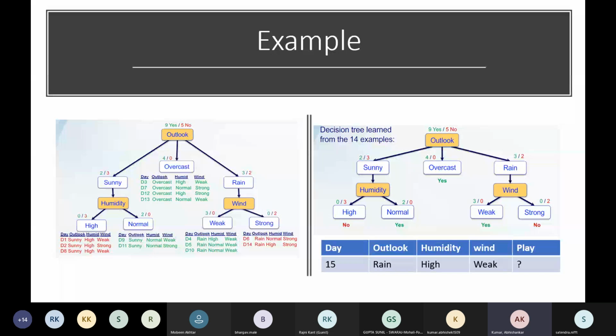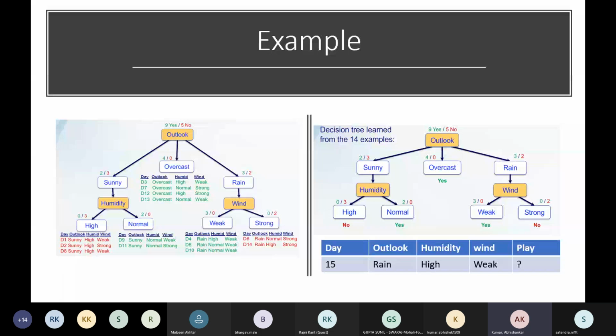Who will answer this: whether we have to go for play or not? So day 15, do you want to play or not?